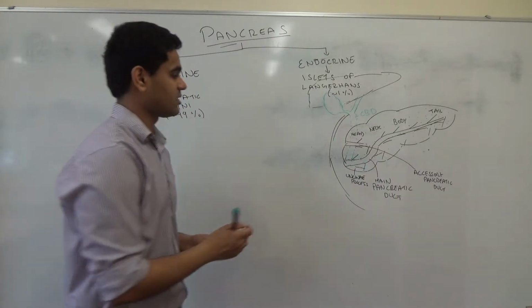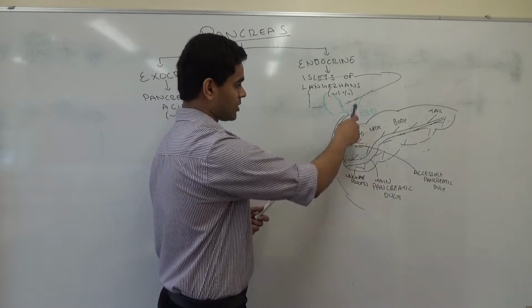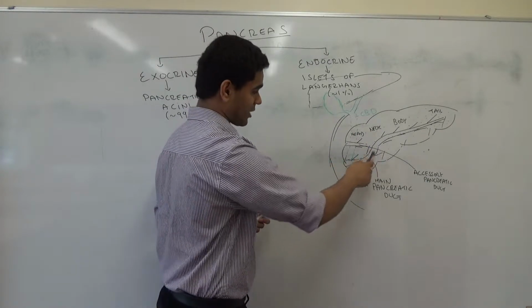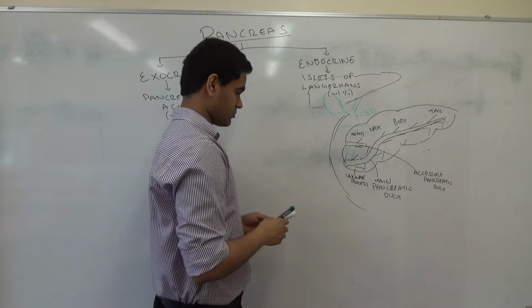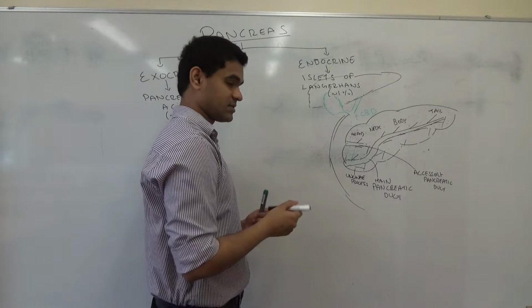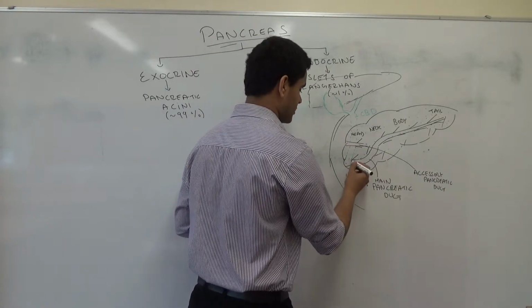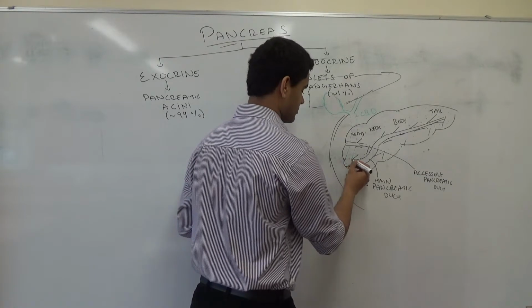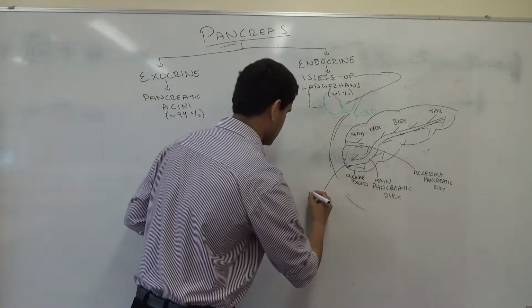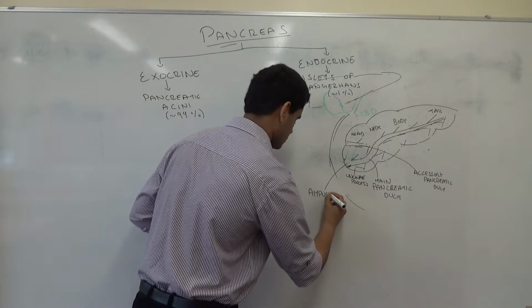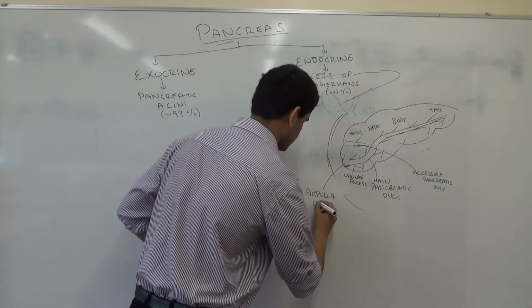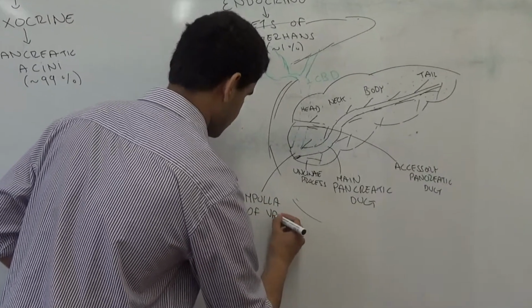Okay. Now, at this place, where the common bile duct joins the main pancreatic duct, it's given a special name. The place where these two duct systems converge is called the ampulla of Vater.